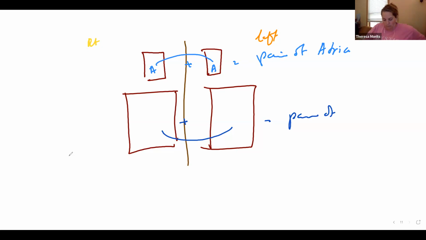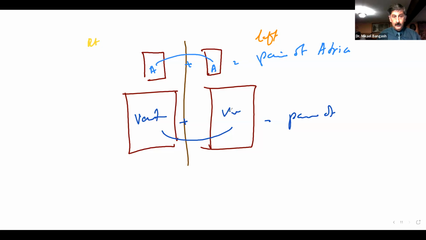Whereas these bottom rooms here, or bigger chambers, are called the ventricles. So you have a ventricle on the right side and a ventricle on the left side. But when we take these two chambers and put them together, that makes a pair of ventricles.